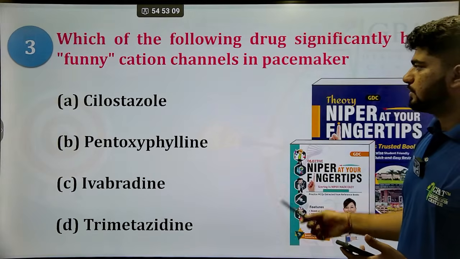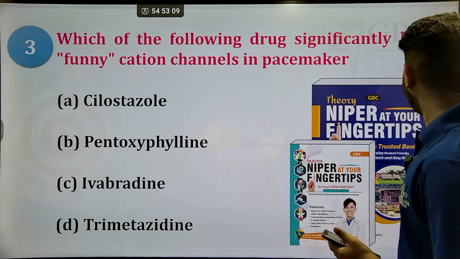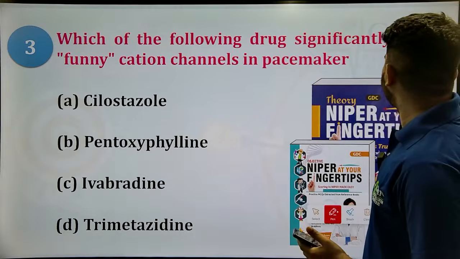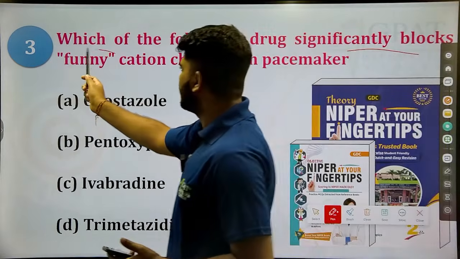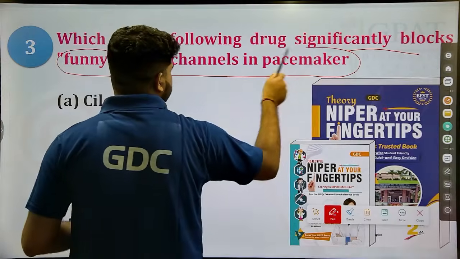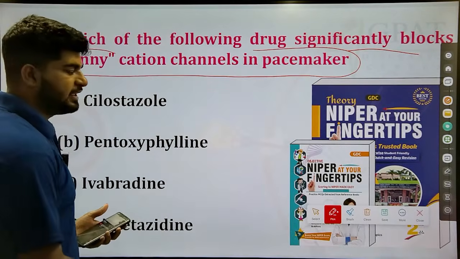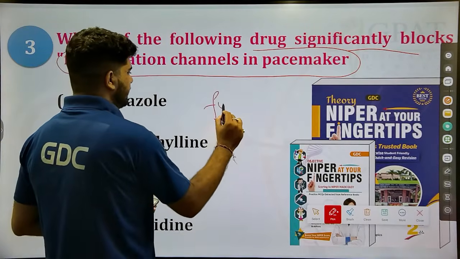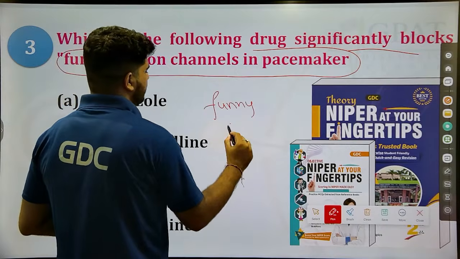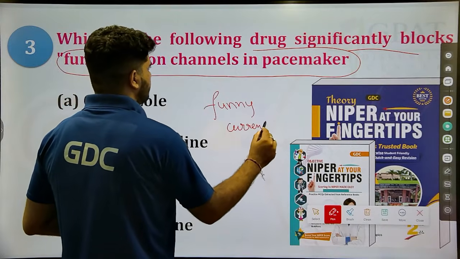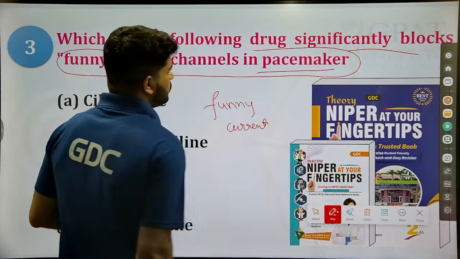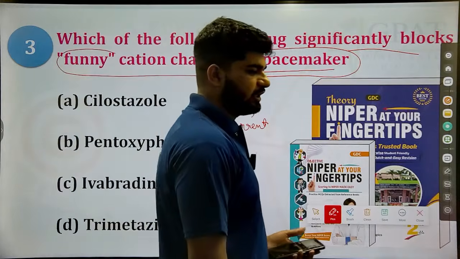Which of the following drugs significantly blocks the funny cation channels in the pacemaker? There is the funny current as well. In your pacemaker, which is going to block that funny current?